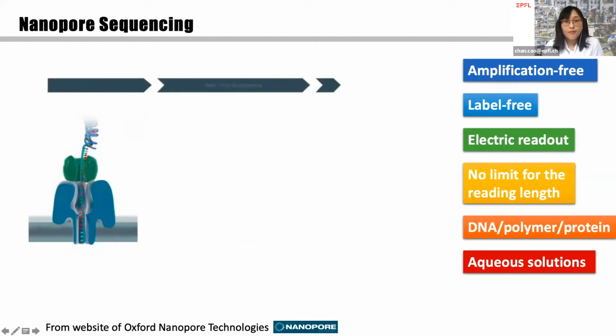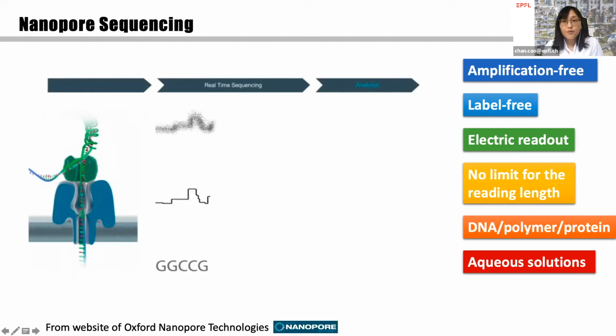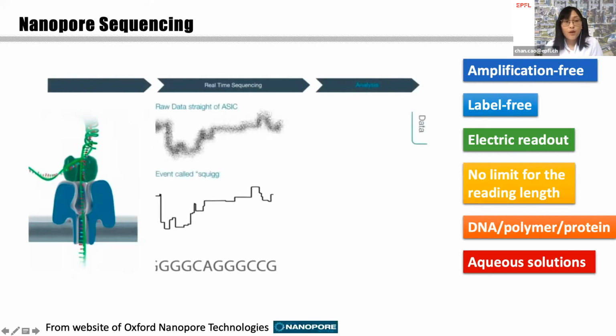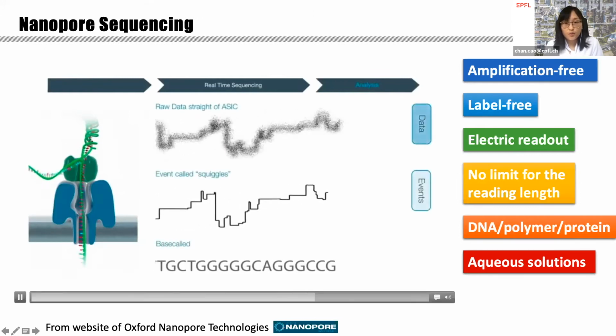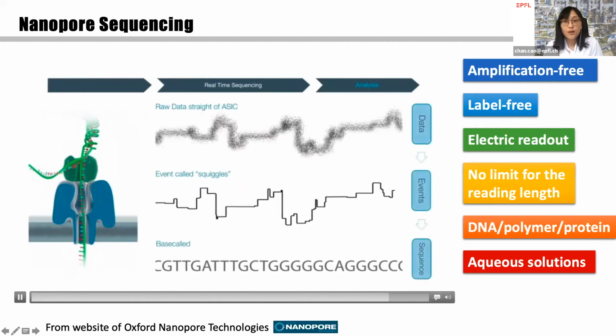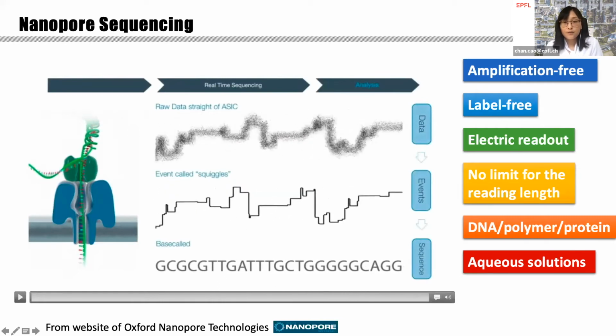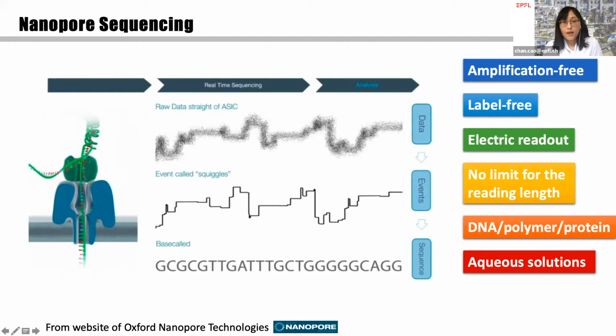This has been developed for efficient reading of long-strand DNA. When a single-strand DNA transports through the pore, different nucleobases block the current at different levels. Therefore, the order of ATCG can be read in real time without the need for PCR and additional base labeling. More importantly, this technique is electric readout, which means cheap and easy to be massively parallelized.